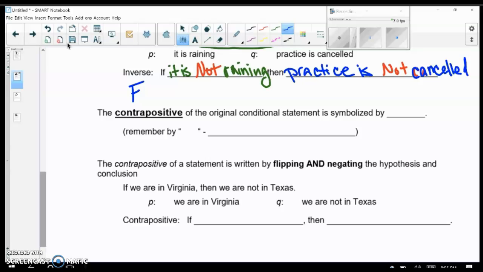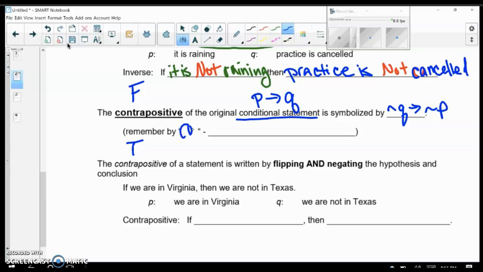So let's look at contrapositive. So contrapositive is, first of all, it's always true. And you'll see why in just a minute. But let's take a look at this. So the conditional statement is, again, if P then Q. So this one is a combination of the inverse and converse.